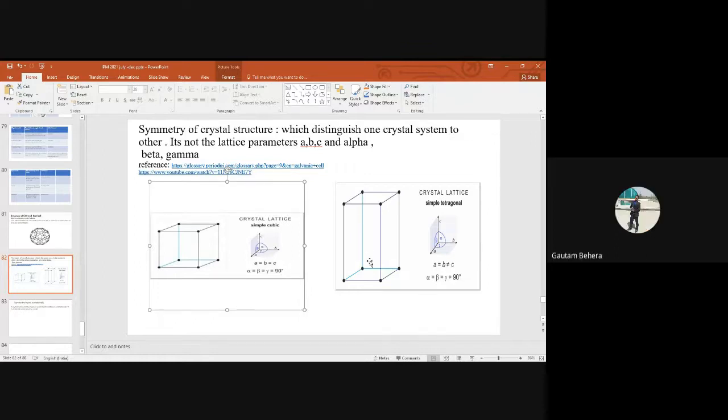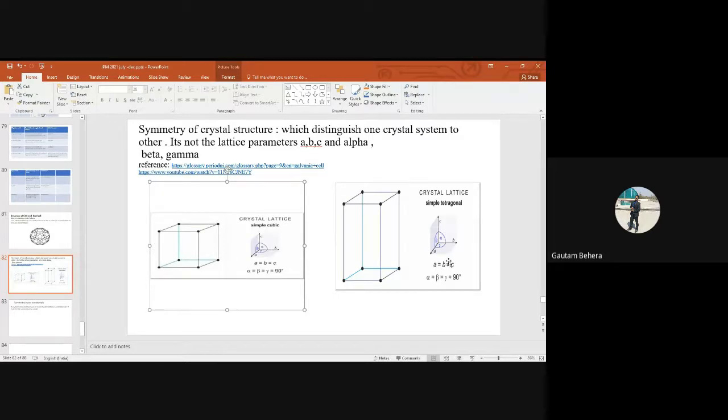Okay, so now just compare this structure with this one. Somebody has answered it well. This is called a tetragonal structure. In a tetragonal structure, this is A as length, this is B as length, but this one is C as length. So here A is equal to B, but C is larger compared to A and B. So A is equal to B, but not equal to C, or C is greater than A and B, as written over here.